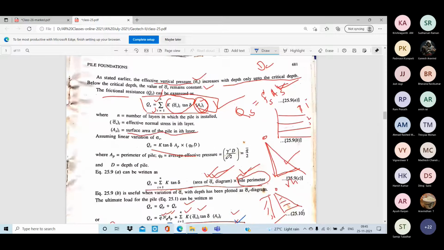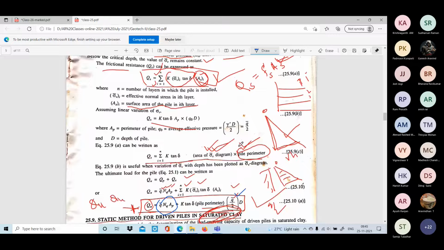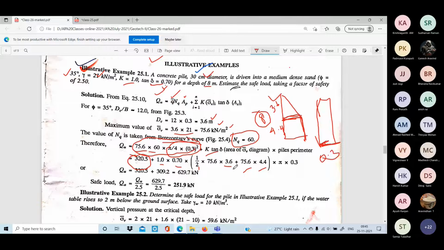So perimeter means surface. This part talks about the surface, and this part talks about the tip. That's what we have derived, at the tip and the surface. So surface area is equal to pi into d. What is d? 0.3. That's all.